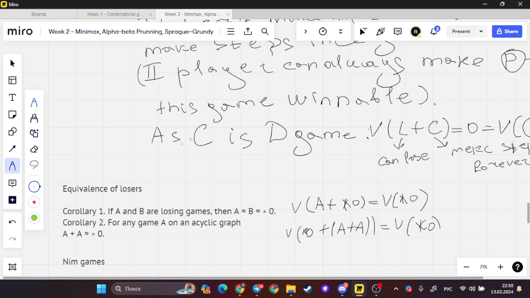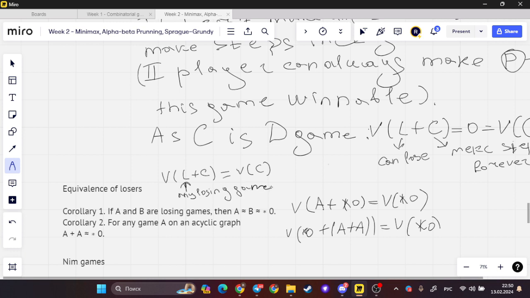We prove this: L plus C is equal to C, where L is any losing game and C is any game. And we can apply these corollaries. For example, we have this.